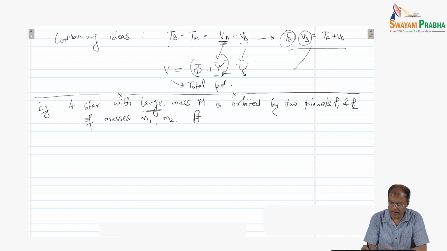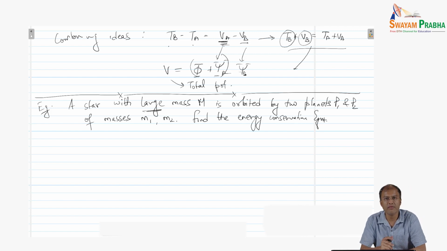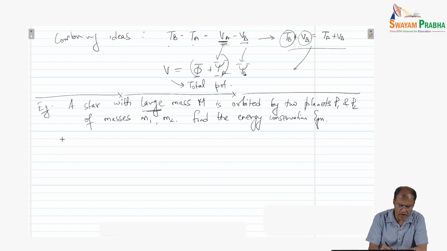So we want to find the energy conservation equation, and for example now the forces here under consideration are due to gravity here. So we have to write down the external forces. So the external force here is due to gravity.